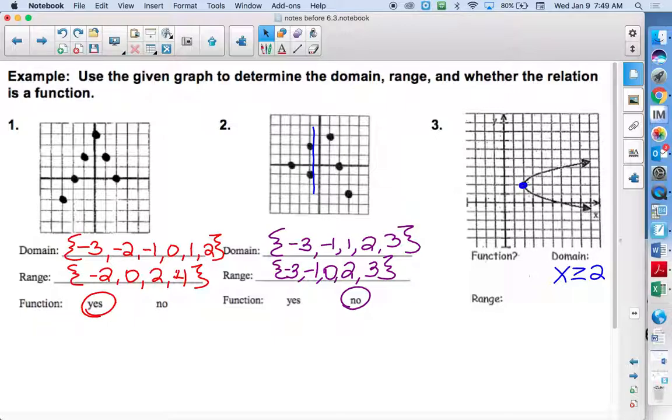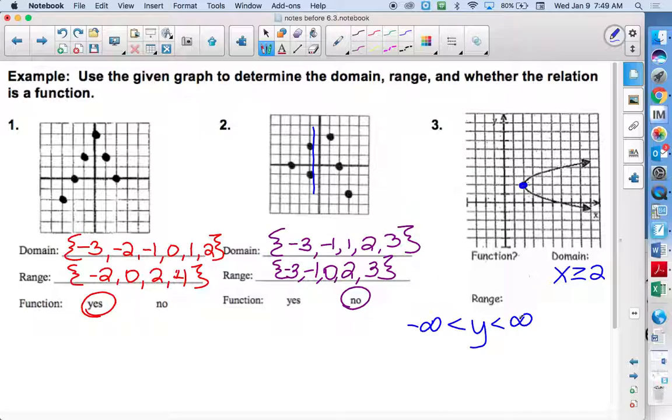So then we need to think about the range. The range would be from the bottom to the top. Odette, what do you think of that? Yeah, so she said it's bigger than negative infinity and less than positive infinity. So that was one way that we wrote the range when it touched every single value.